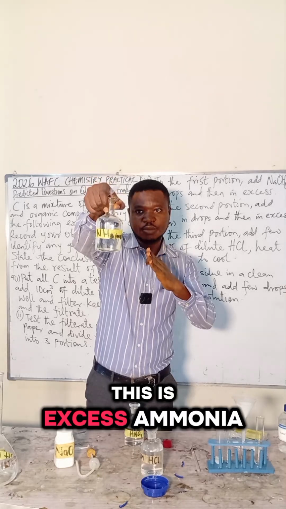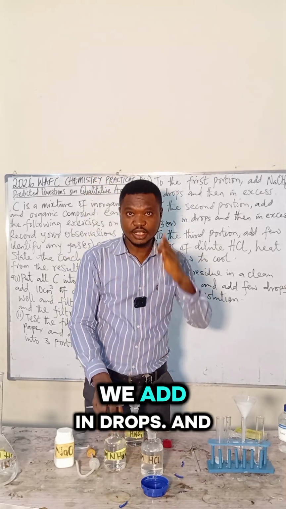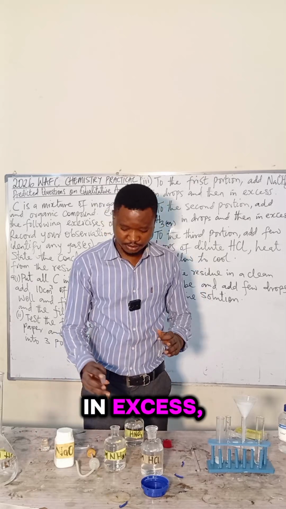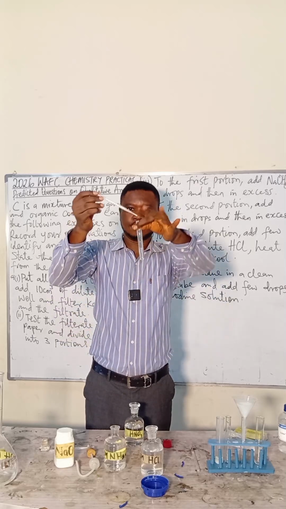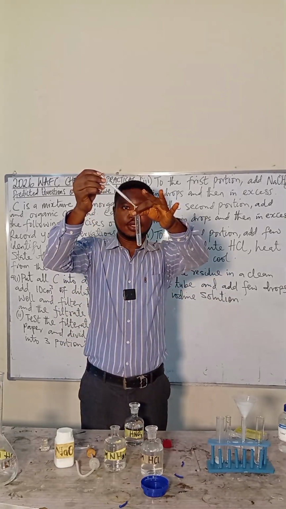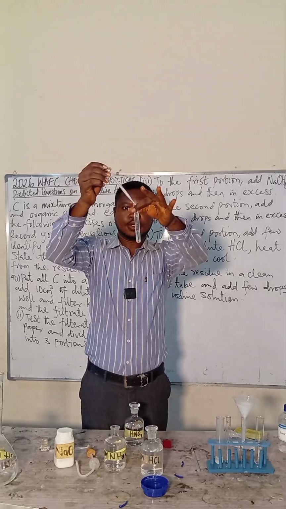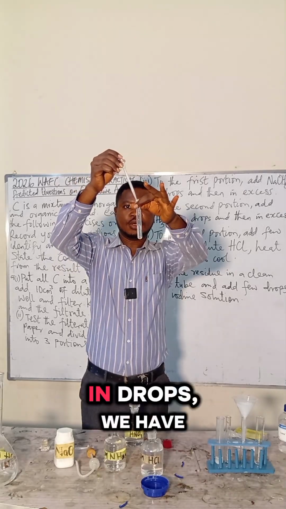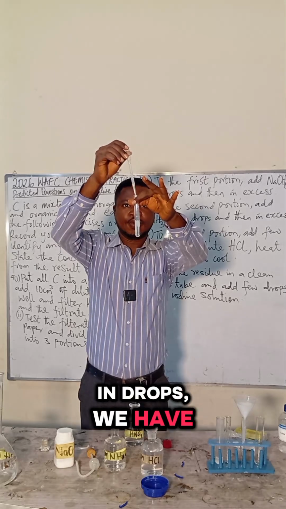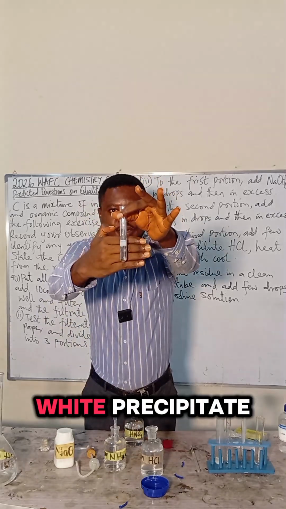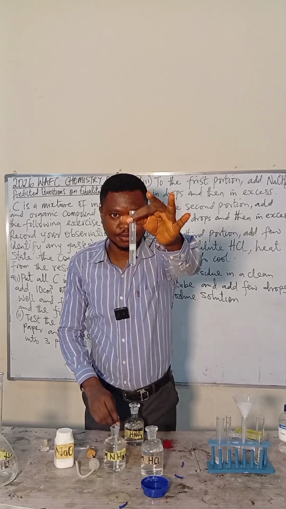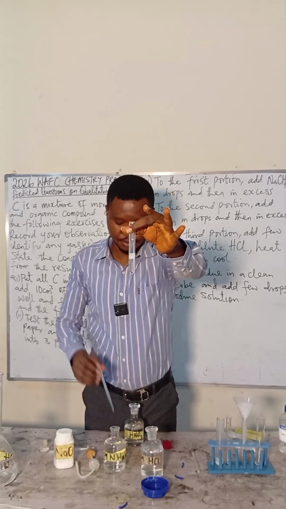So the second portion, add aqueous ammonia in drops and in excess. This is aqueous ammonia. We add in drops and in excess. In drops, we have white precipitate. White precipitate formed.